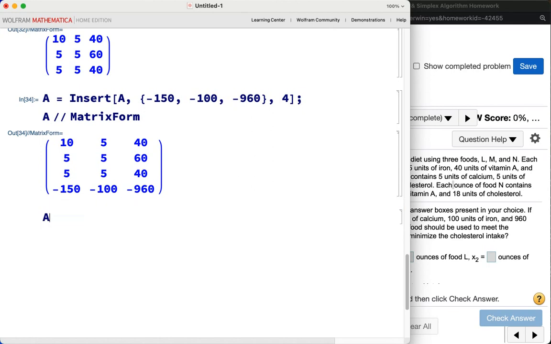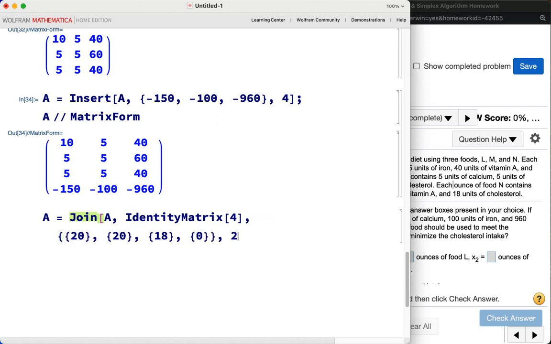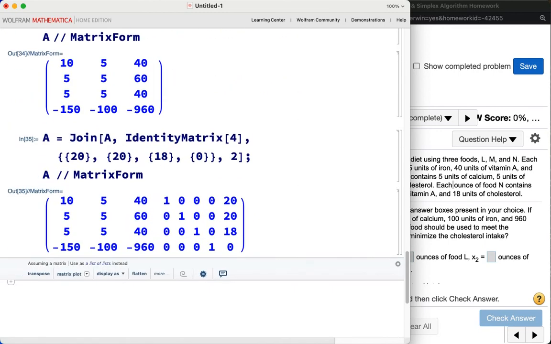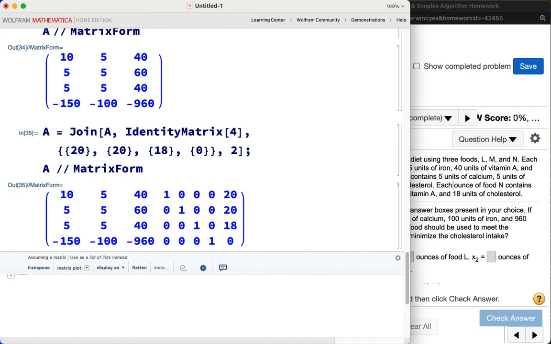We're going to augment that with the 4x4 identity matrix, and we also need to augment that with the new resource values of 20, 20, 18, and 0. Okay, this is better than before. This time we should have the right answer.